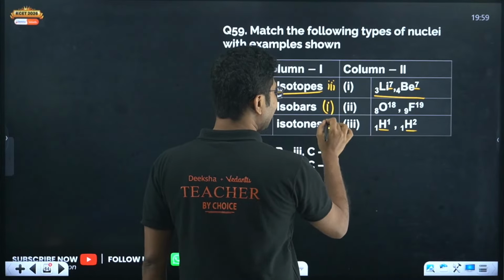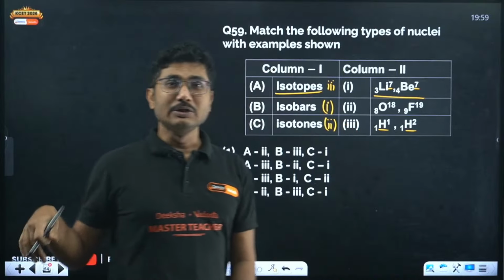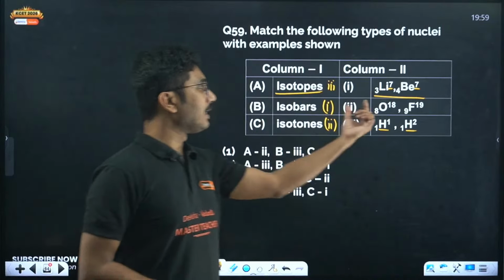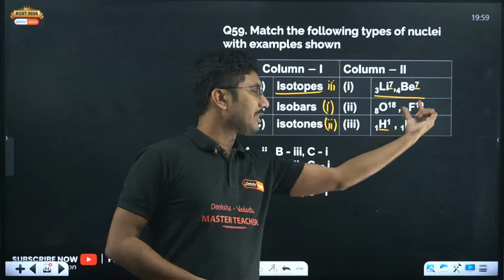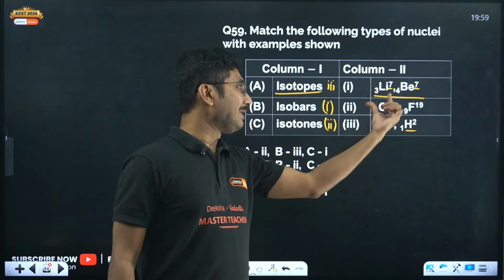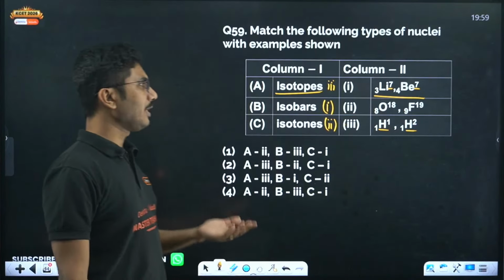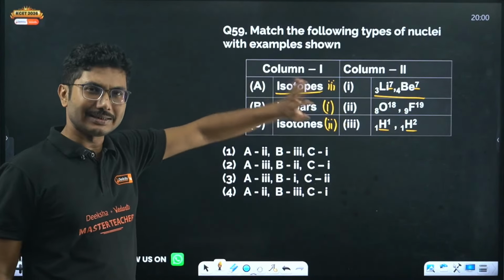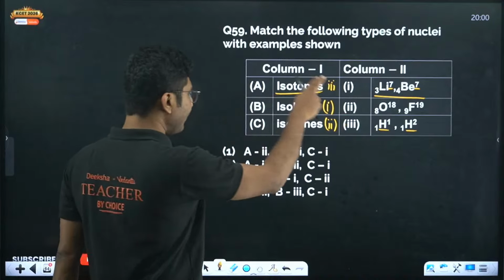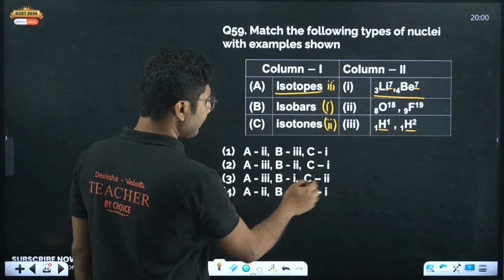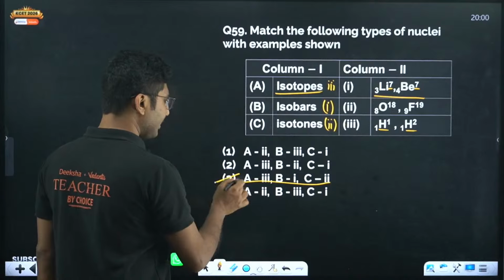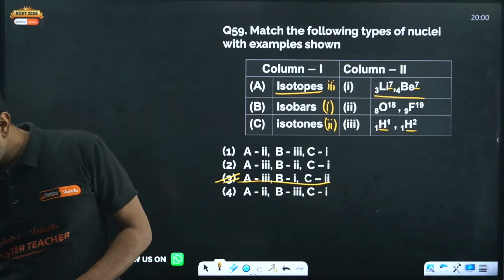Isotone means they have the same neutron number. If you find the difference between these two, that difference will be the same: 18 minus 8 is 10, 19 minus 9 is also 10. You have learned this in physics and in chemistry as well. So A with 3, B with 1, C with 2, so option 3 is correct.